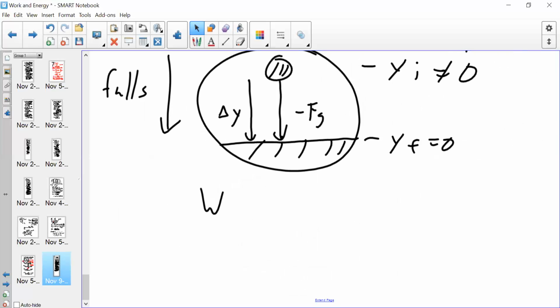So the work done by gravity, in this case that's the force here, is going to be equal to a negative change in potential energy.